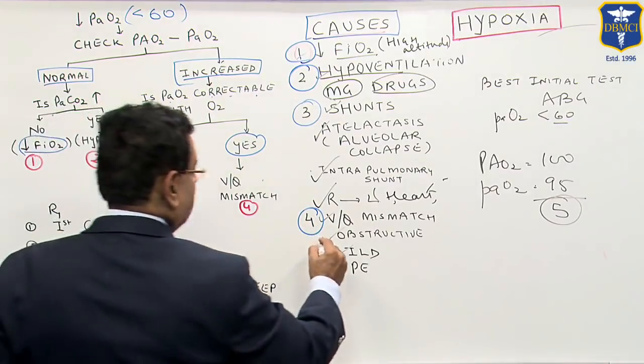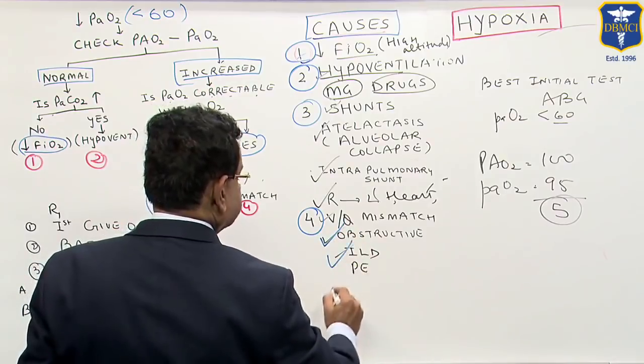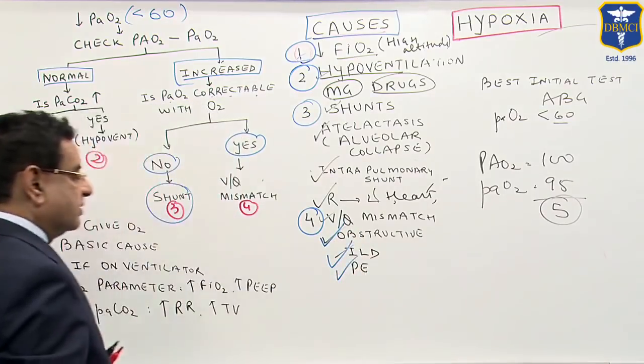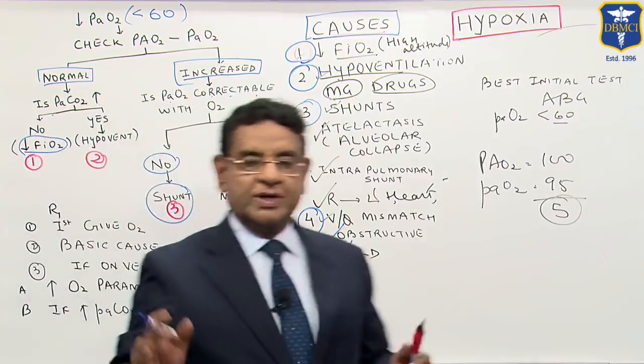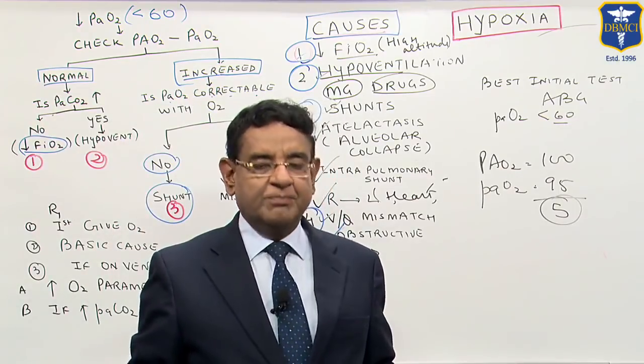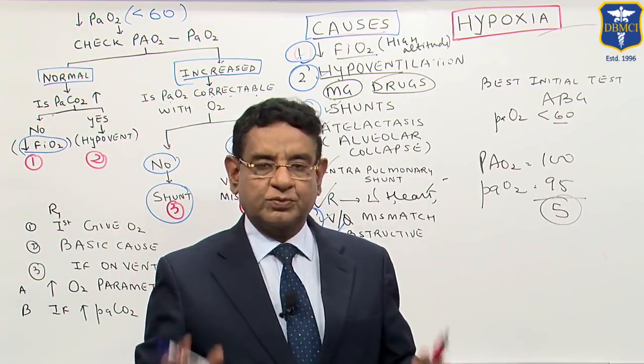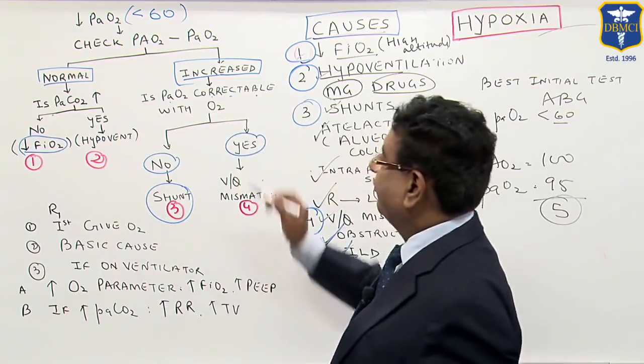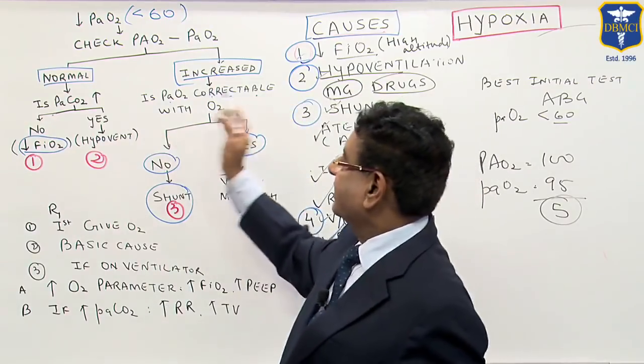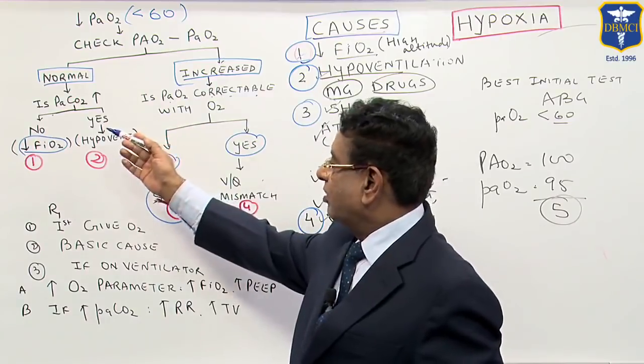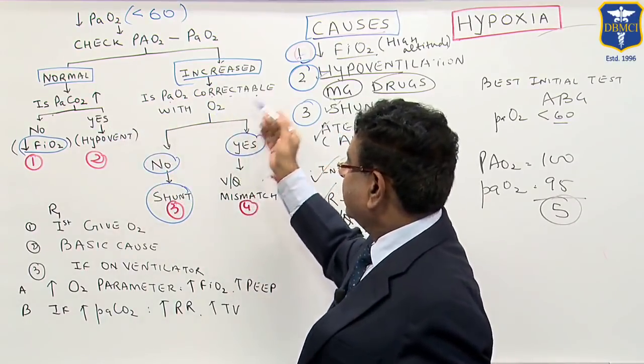So in obstructive airway disease, interstitial lung disease and pulmonary embolism, you give oxygen from outside, improvement occurs. So friends, in summary, we talk about gradient normal or increased, CO2 normal or increased, and correctable with oxygen or not.